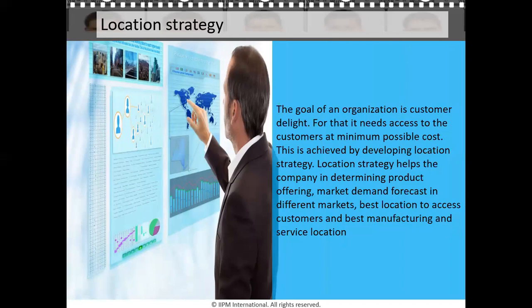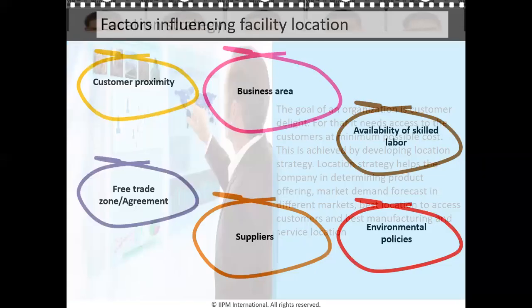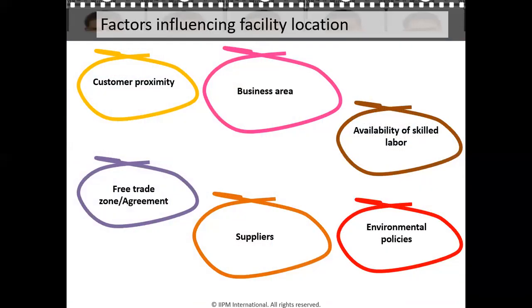Location strategy helps the company in determining product offering, market demand forecast in different markets, best location to access customers, and best manufacturing and service location. Factors influencing service or facility location include customer proximity, business area, availability of skilled labor, environmental policies, suppliers, and then free trade zones and agreements.